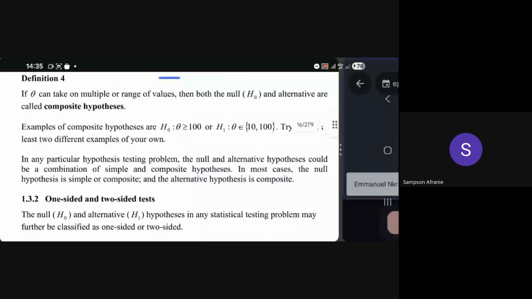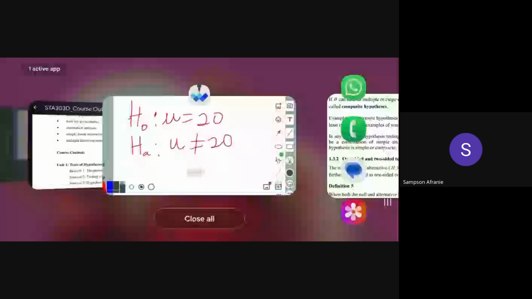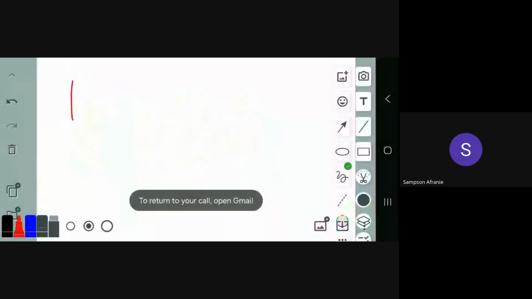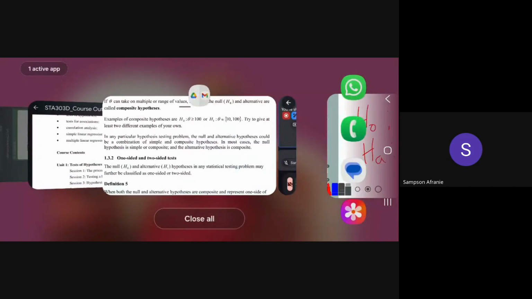But when you go to the composite one, you realize that you are going to get more than one value. Let's assume that I went to class and realized that the mean score of the students is greater than or equal to 30.